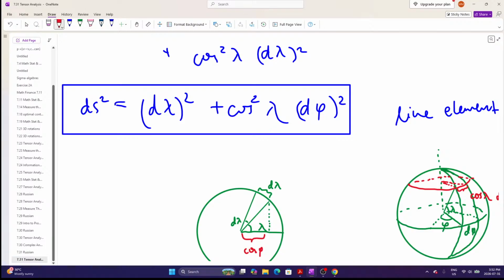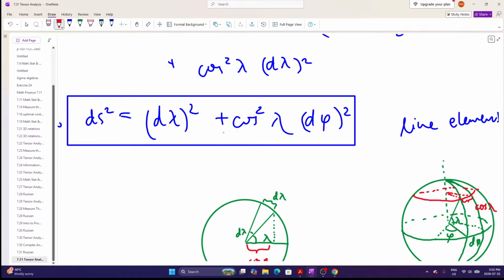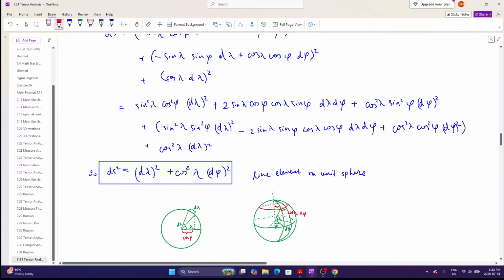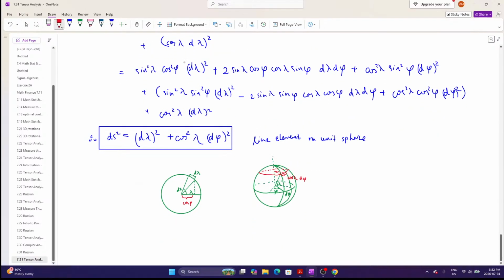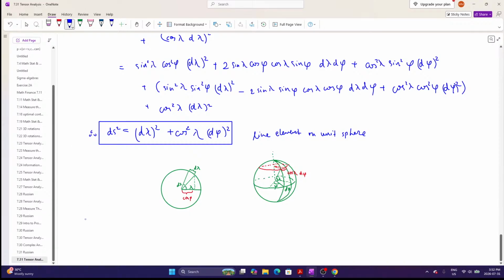On the equator, changing the longitude creates the largest possible line element. Whereas if you're on the North Pole or the South Pole, changing the longitude does nothing. So that's the intuition of this formula. Now we're going to rewrite this as a metric tensor. You now have the line element, so you have the metric tensor, same thing.